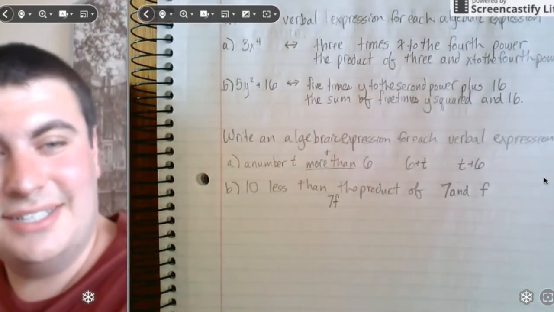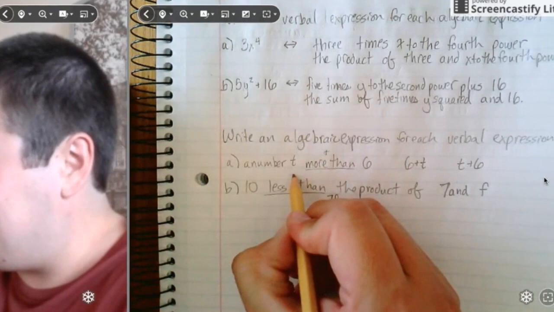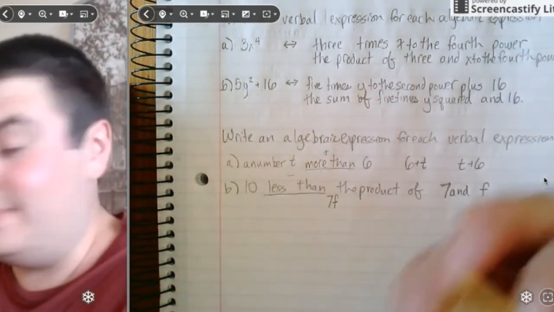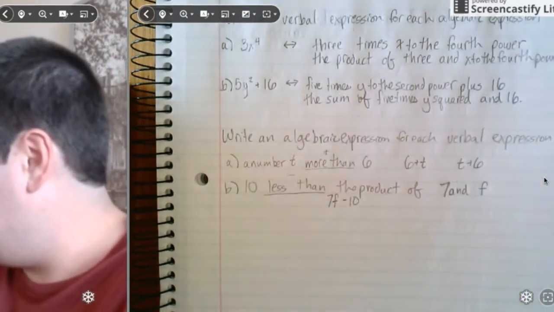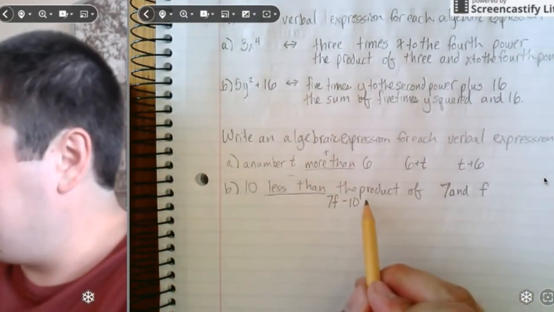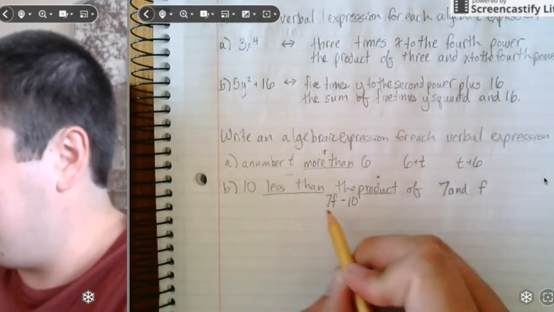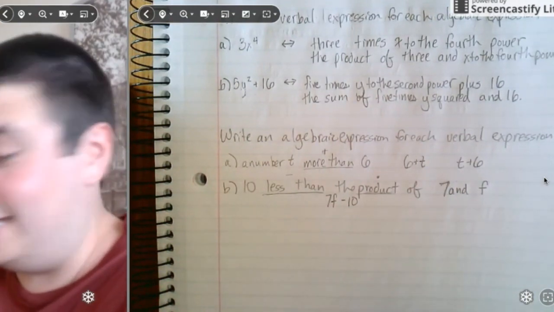If I have 10 less than, this less than implies that I'm going to take 10 away from 7 and f. So I'm going to take 7f minus 10. And also, again, we caught that this product here implied multiplication of 7 and f. So we have 7 times f minus 10.